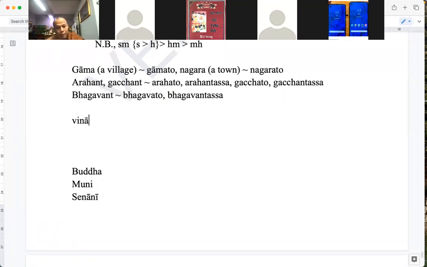The other particle is Vina. Vina means without, or apart from, or except.